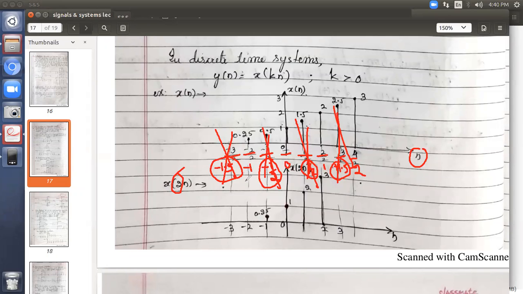Simply discard them. And whatever remaining amplitudes are there, how many are remaining? Check it. This is 1, this is second, this is third, and this is fourth. These 4 points, you simply write. That's it. What is the time here? It is -1. So at -1, write 0.5. What is the amplitude at 0? It is 1. So write 1.